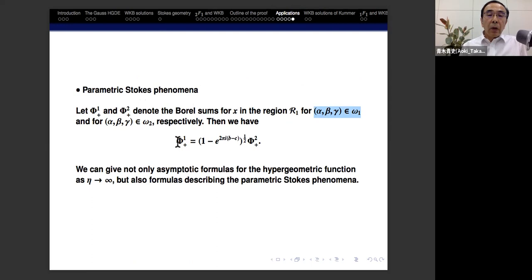Then we have such a formula. So this means that we can give not only asymptotic formulas for hypergeometric function as eta tends to infinity, but also formulas describing parametric Stokes phenomena.